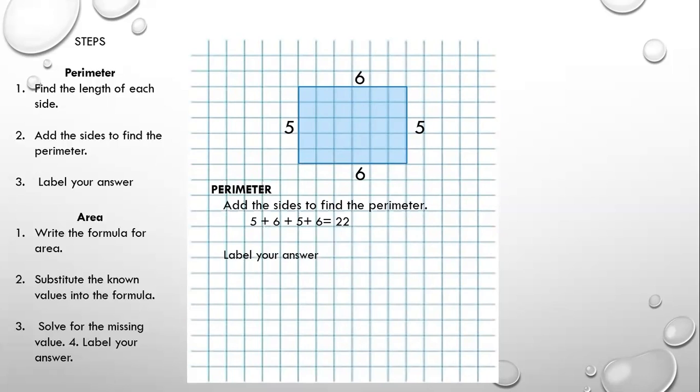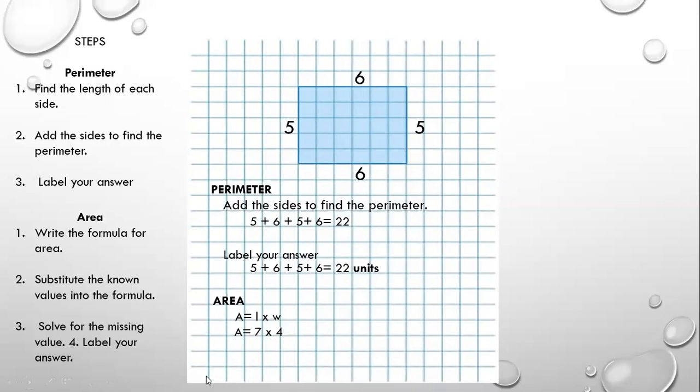Now I'm going to label my answer. So I know that 5 plus 6 plus 5 plus 6 will give us 22 units. To find the area, I'll write the formula. A equals length times width.